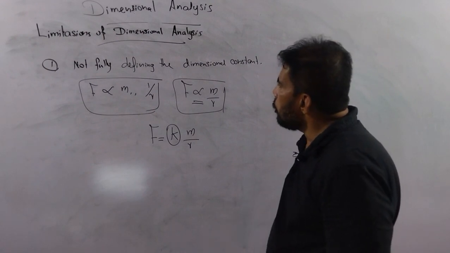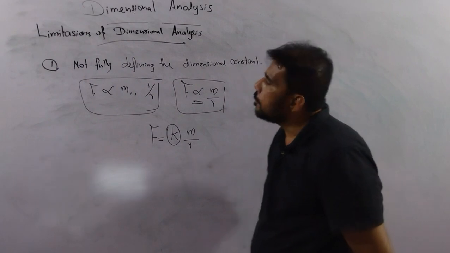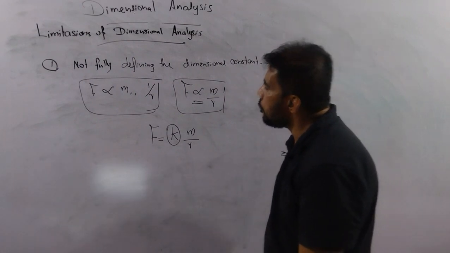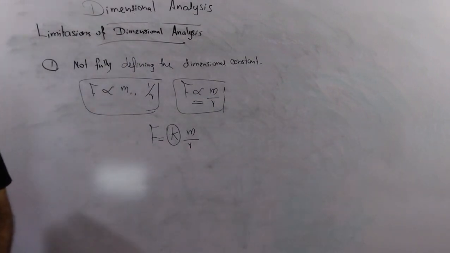We are not able to fully understand the dimensional constant with dimensional analysis. That is one limitation of dimensional analysis. So dimensional analysis does not provide information about the dimensional constant.